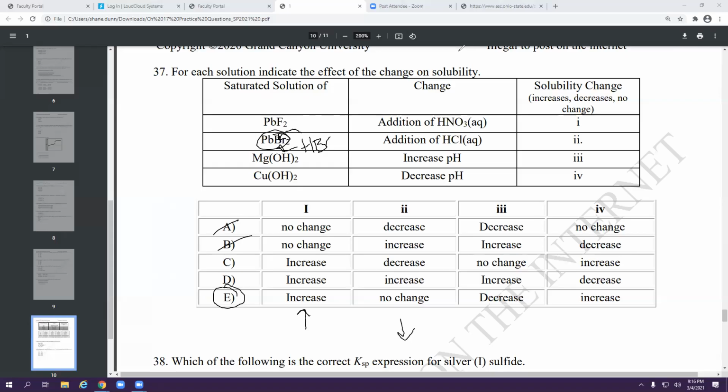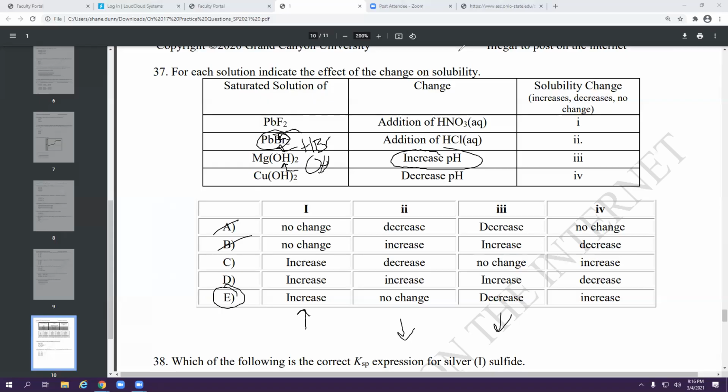So the reason why this one is a decrease in solubility is because of the increase in pH. Am I adding H or OH if I increase pH? I'm adding OH. If I add OH, does that make water? OH plus OH? Not really, right? It's going to decrease the solubility.